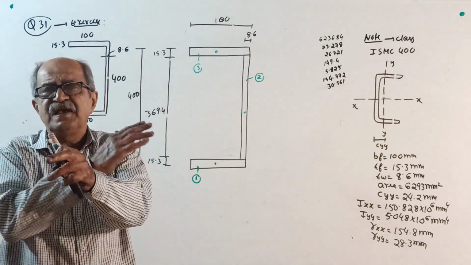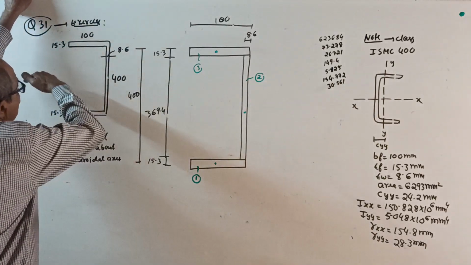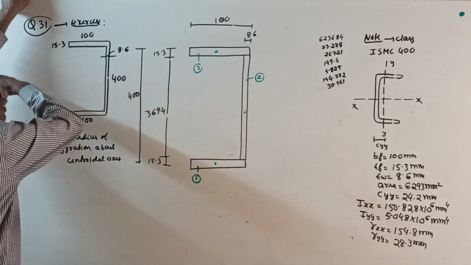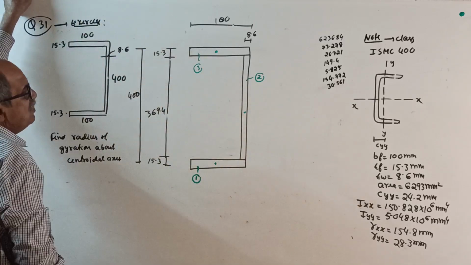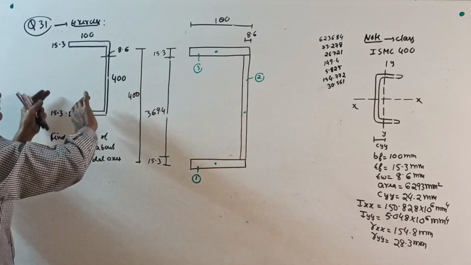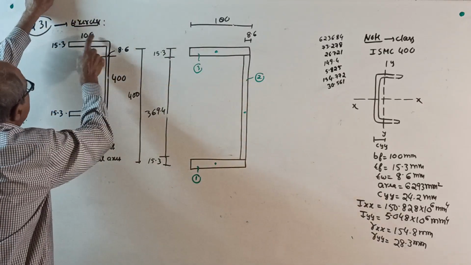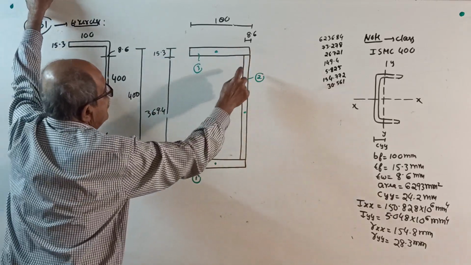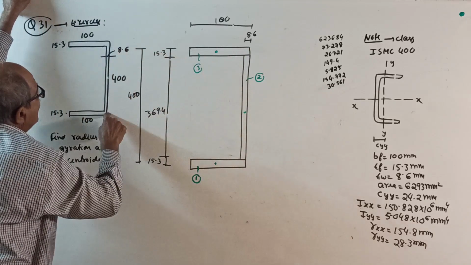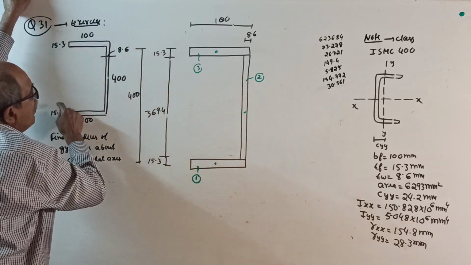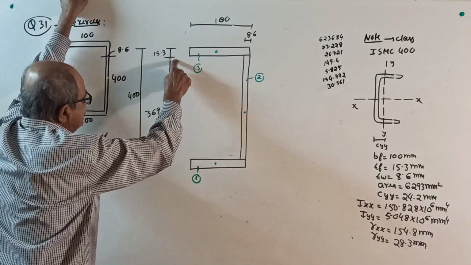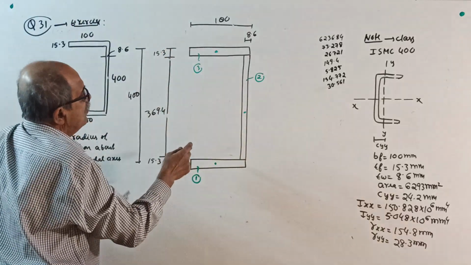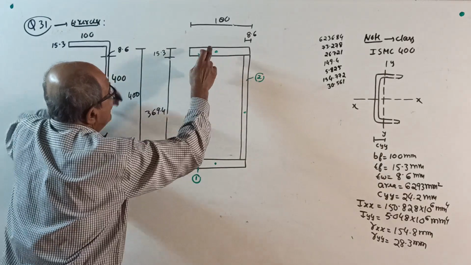So locate xx, yy. xx has symmetry, so direct location; yy you have to locate by x bar. So divide into parts. 100 by 15.3. See, again same here, this full is 400. Subtract 15.3 twice, you will get 369.4. Now figure 1, figure 2, figure 3.